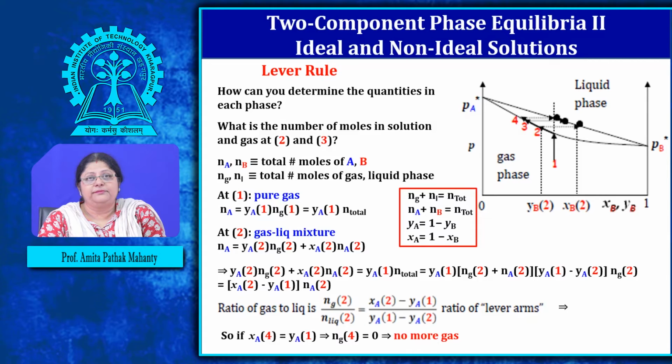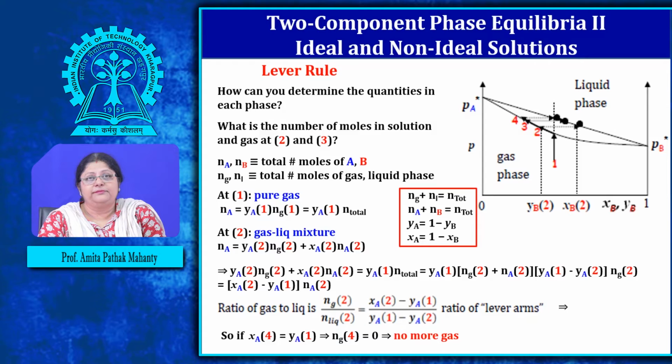Total number of moles of A is equal to the mole fraction of A in the vapor state, because here you do not have any liquid, it is point 1, all are in the gas state only.